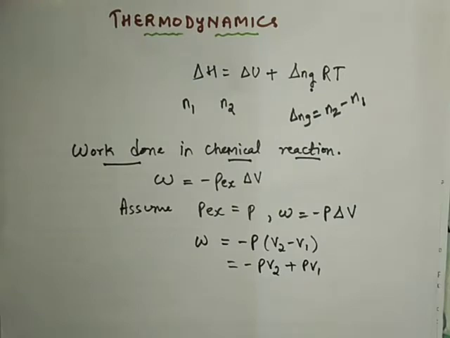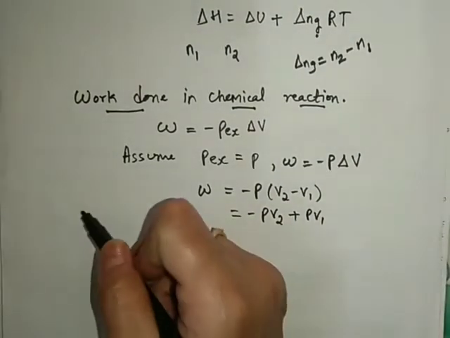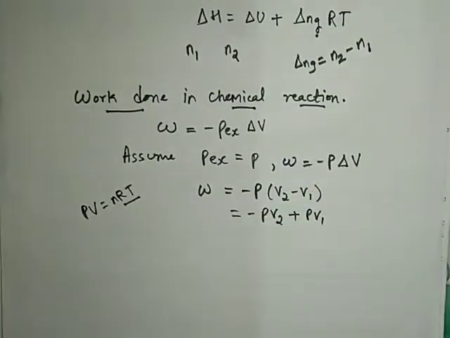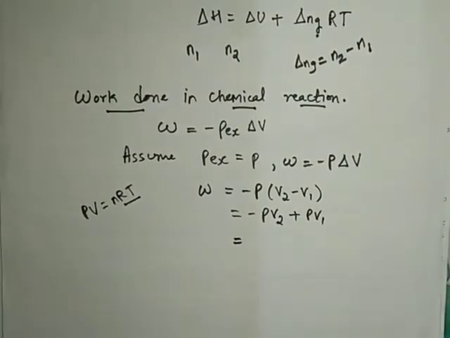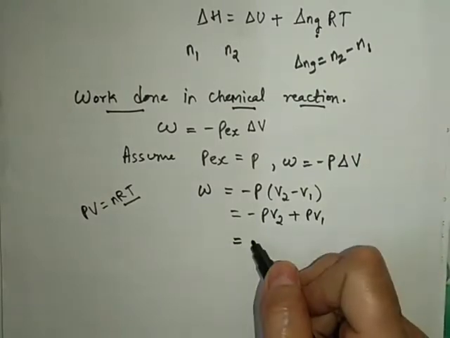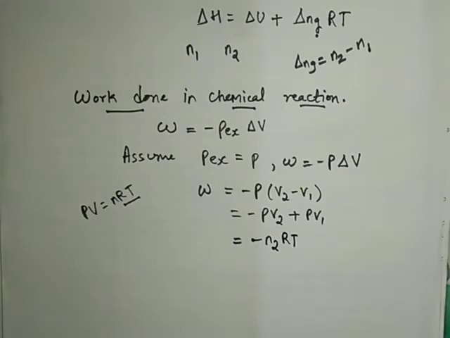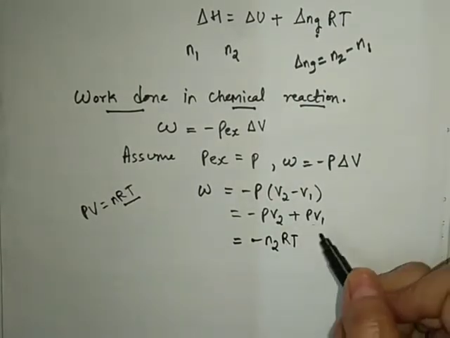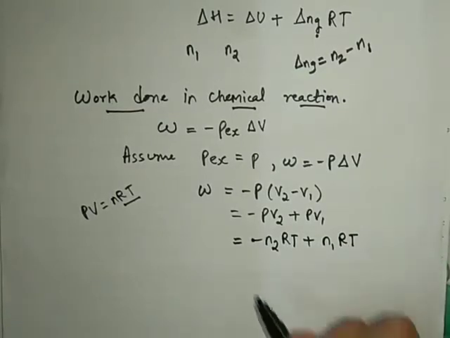Now according to the ideal gas equation, what was PV? PV was nRT. Here R and T are constant because the reaction is at constant temperature and pressure. So PV2 I can substitute as n2RT. Only the number of moles is changing. And since PV is nRT, PV1 will be n1RT.